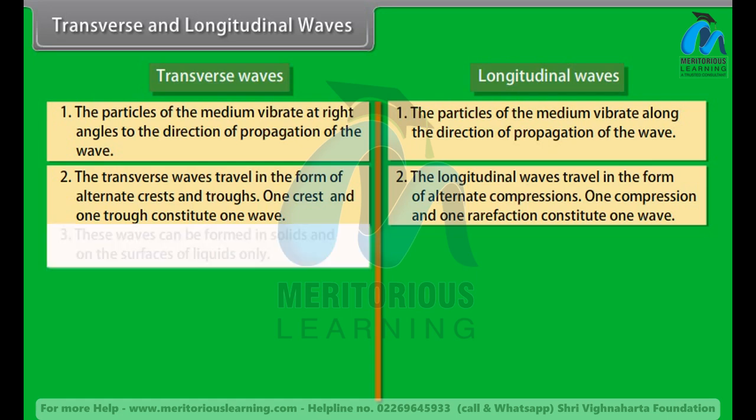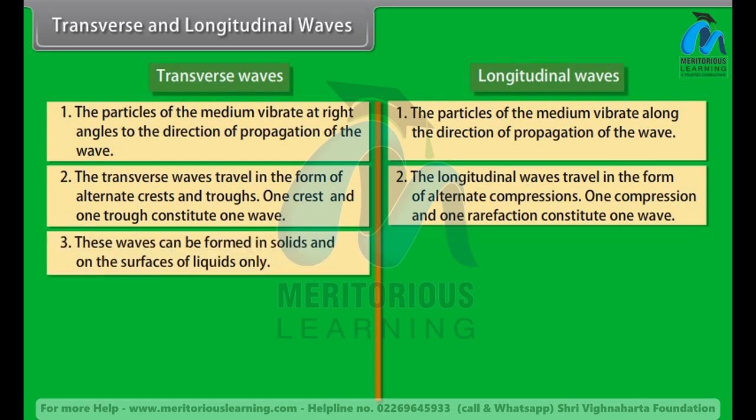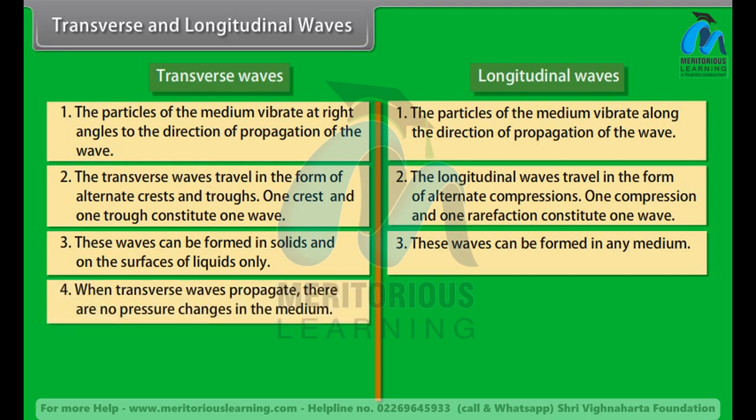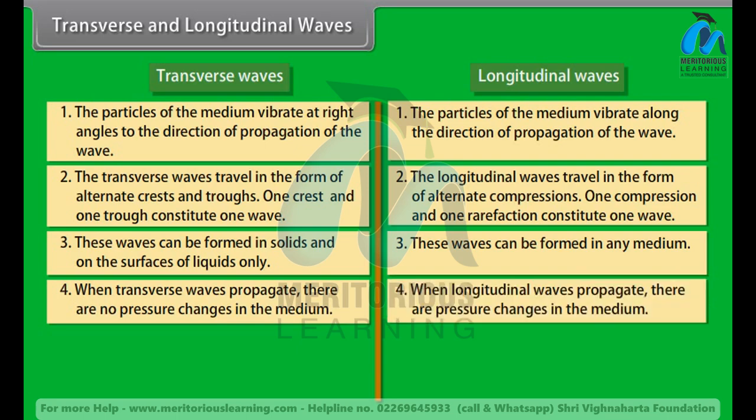Number 3. Transverse wave can be formed in solids and on the surface of liquids only, whereas longitudinal waves can be formed in any medium. Number 4. When transverse waves propagate, there are no pressure changes in the medium, but when longitudinal waves propagate, there are pressure changes in the medium.